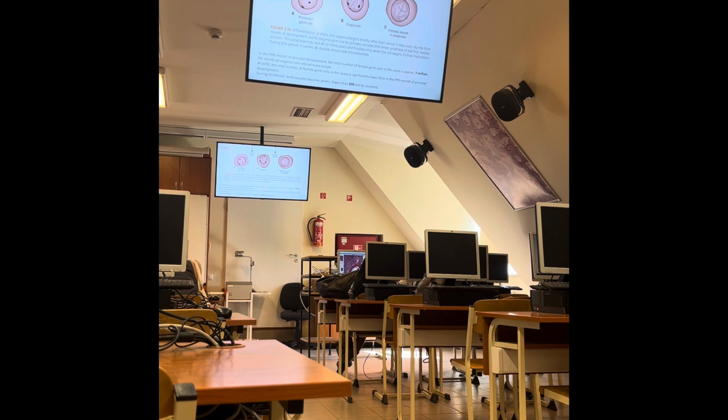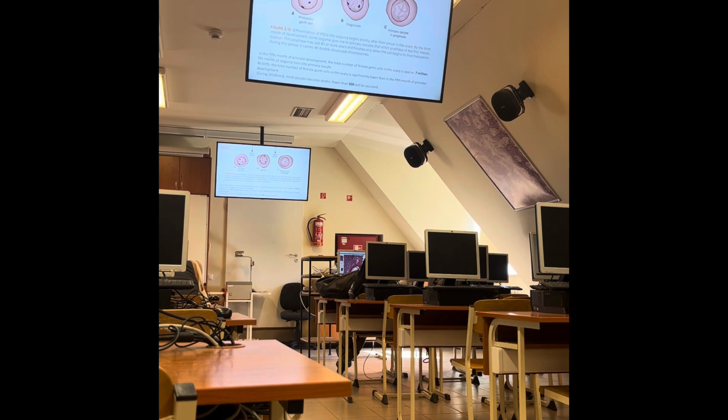So again, primordial germ cells arrive to the primordium of the ovary, and these primordial germ cells will turn into oogonia. By mitotic divisions, their number is also increasing. I put here these numbers.